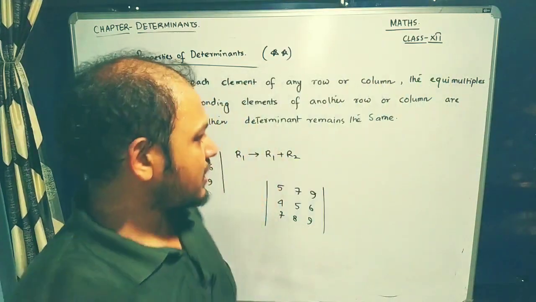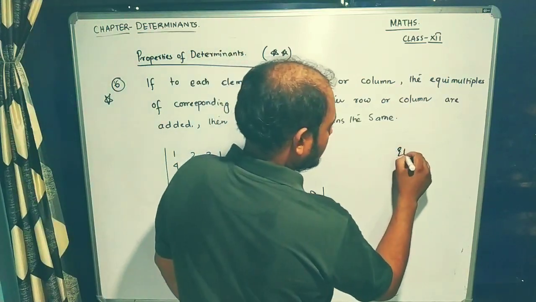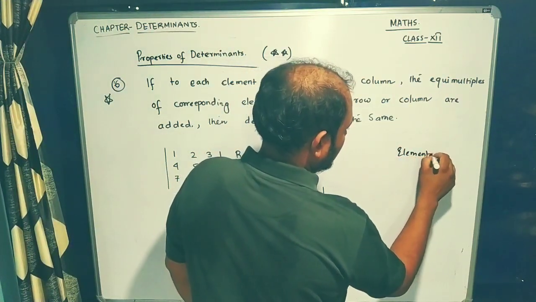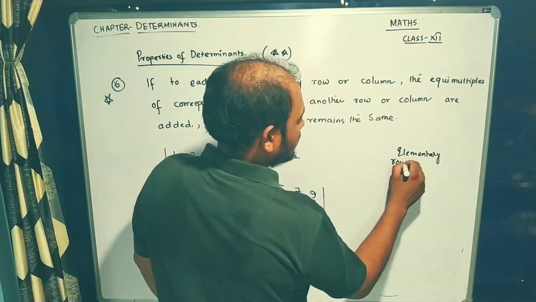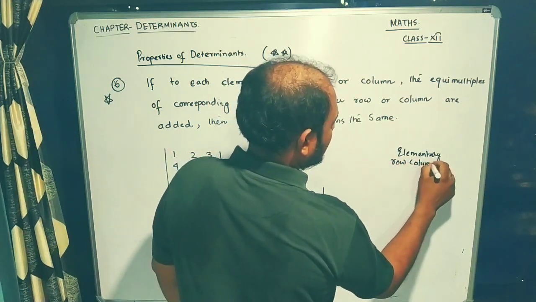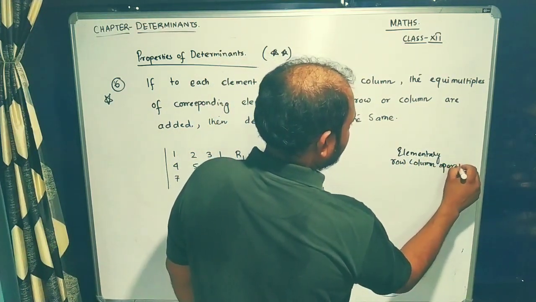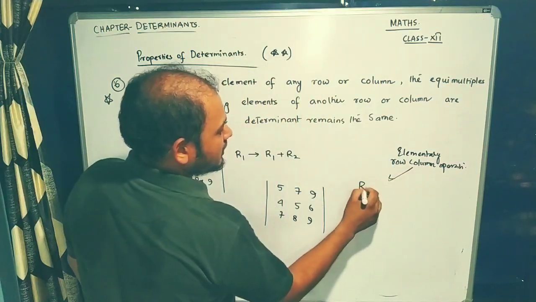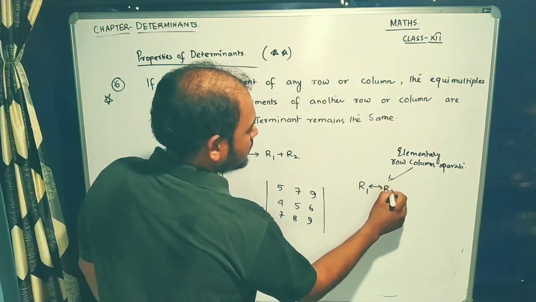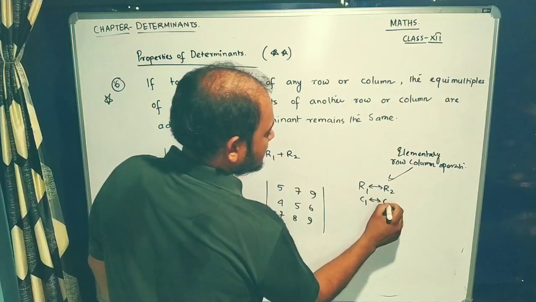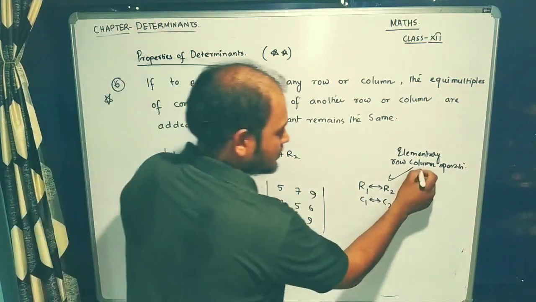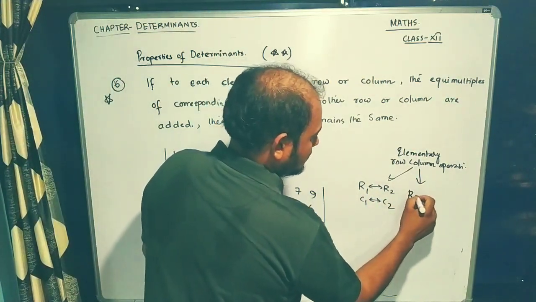Okay, if you remember correctly, what were the elementary row column operations that we have studied? How many types of elementary row column operation have we studied? The first operation was interchanging of two rows or interchanging of two columns, right? The second operation was magnifying or demagnifying a row or column.